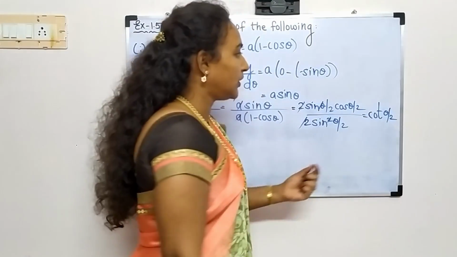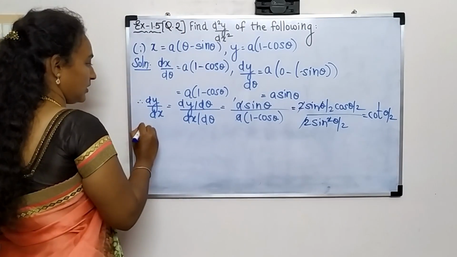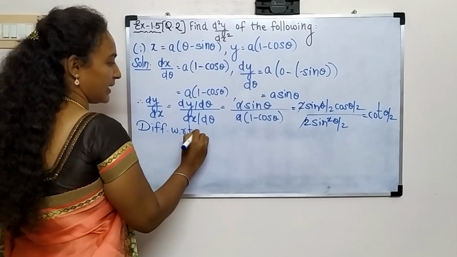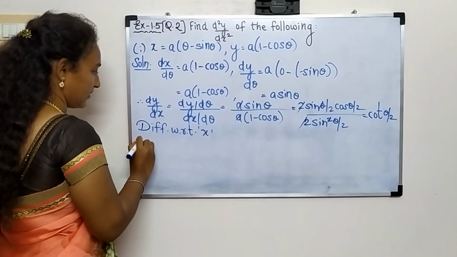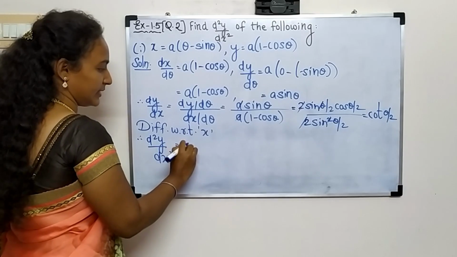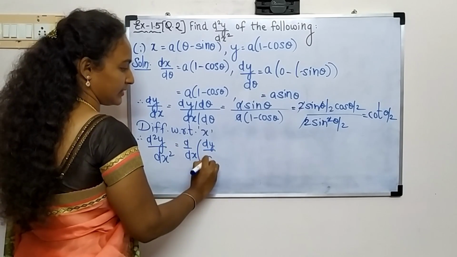Now this becomes easier for us to differentiate further. So now again we differentiate with respect to x. Therefore, d square y upon dx square is equal to d by dx of dy by dx.